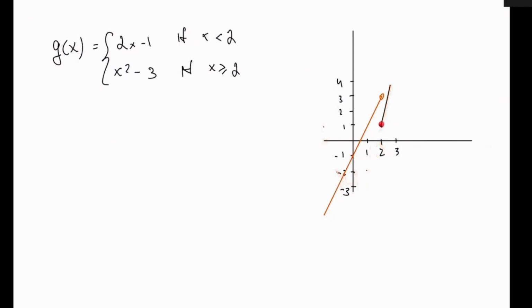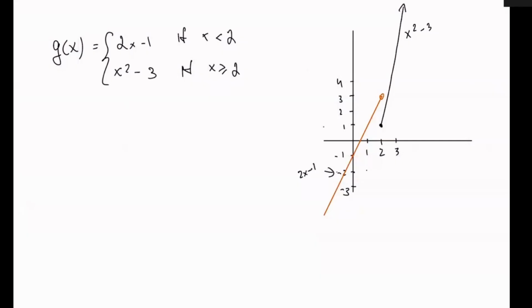So we're interested in only what starts from x equals 2. Actually, we can even continue that a little bit further. So this is my parabola, x squared minus 3, and this one is 2x minus 1.